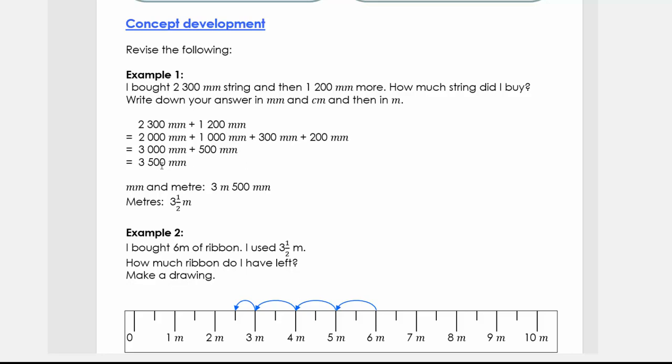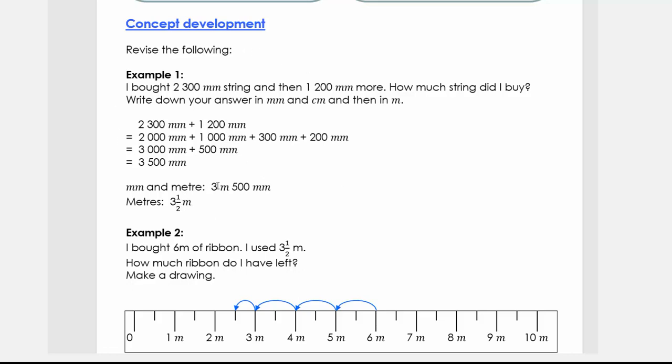So it's 3,500 millimeters. If I want to write it as meters and millimeters, I write 3 meters, because that's 3,000, and 500 millimeters. But I also know that 500 millimeters is half of a meter.